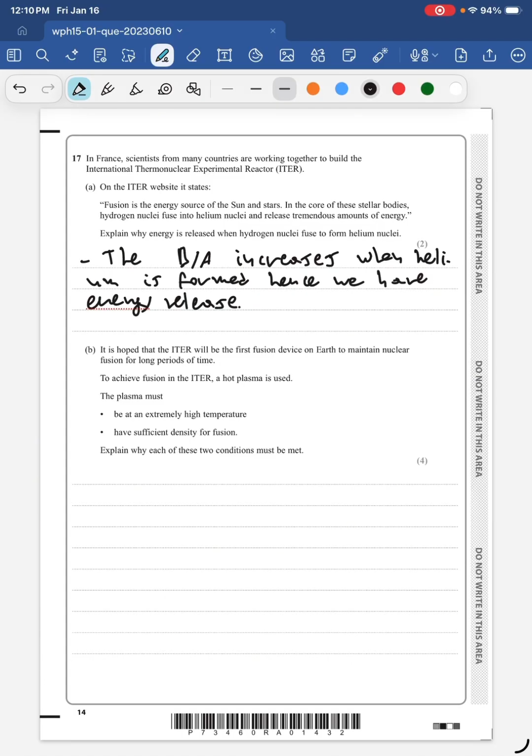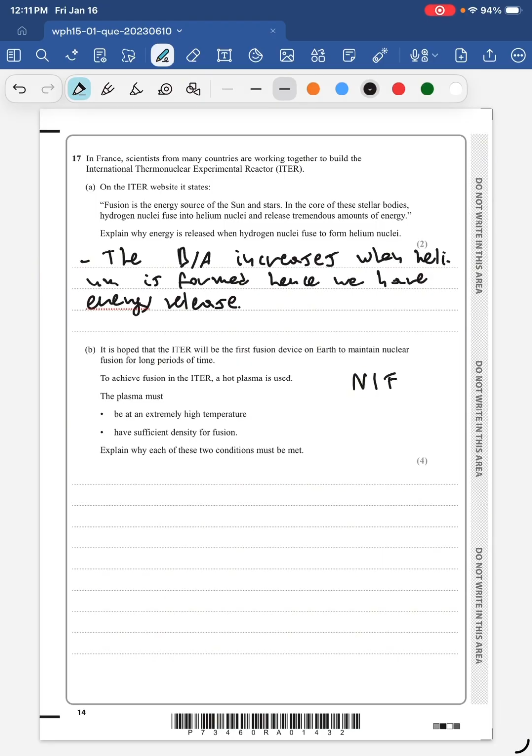B. It is hoped that the ITER will be the first fusion device on Earth to maintain nuclear fusion for long periods of time. Another interesting project is, I think it's NIF. I forgot now. It's in California. Okay, it's the National Ignition Facility. And they try to do fusion using lasers. It's also an interesting project to look into.